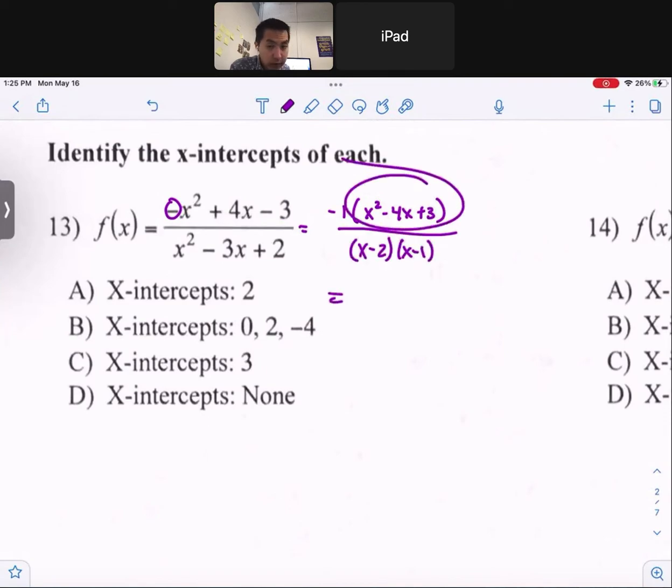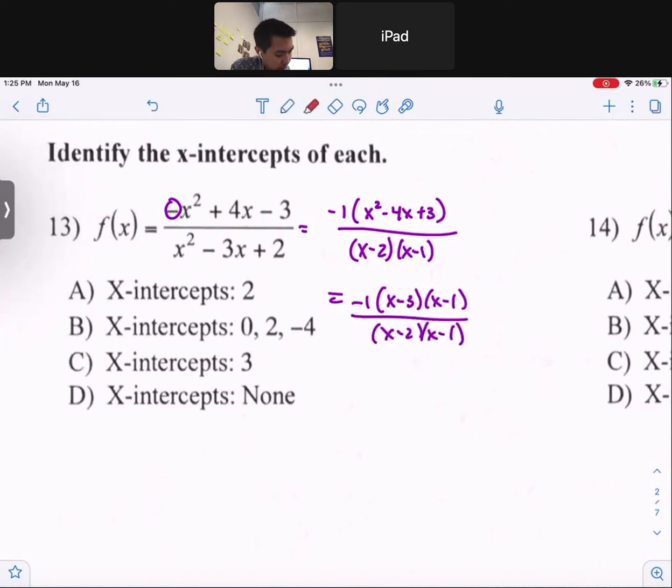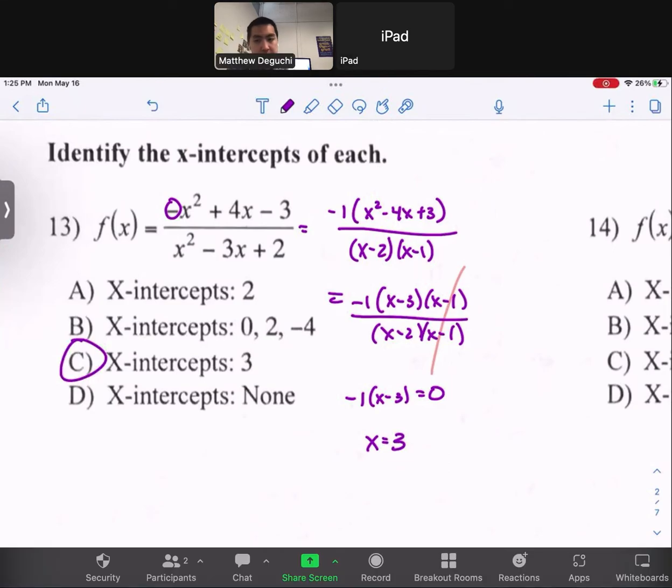On the top, we can still factor, which is negative 1 times x minus 3 times x minus 1, all over x minus 2 times x minus 1. As you can see, the x minus 1's cancel, so we just have that. To find the x-intercept, you set the numerator equal to 0. The only x value that would make that 0 is x equals 3, which is C.